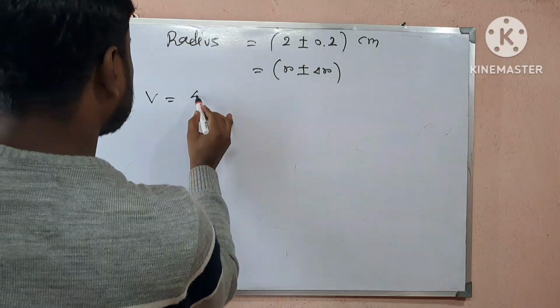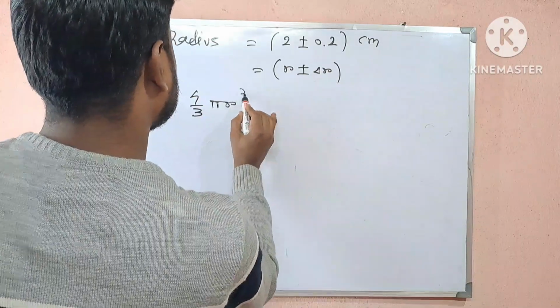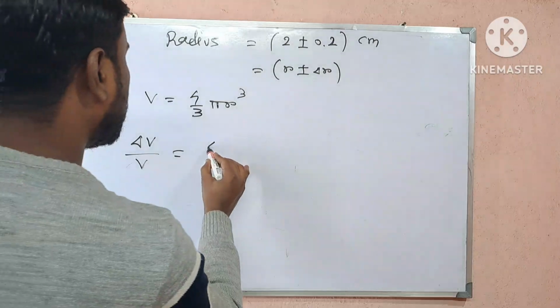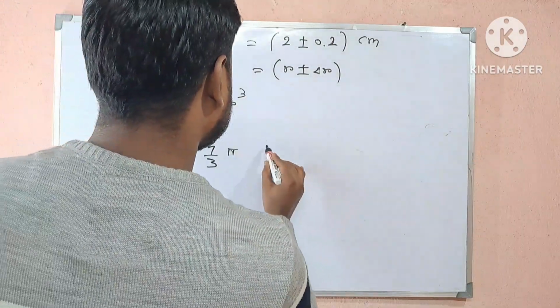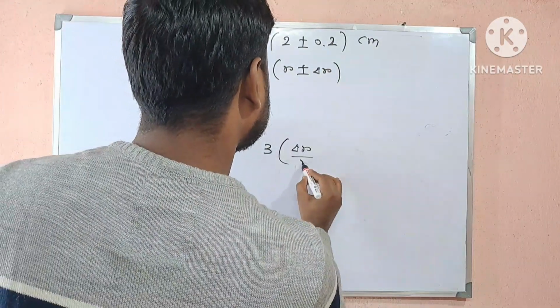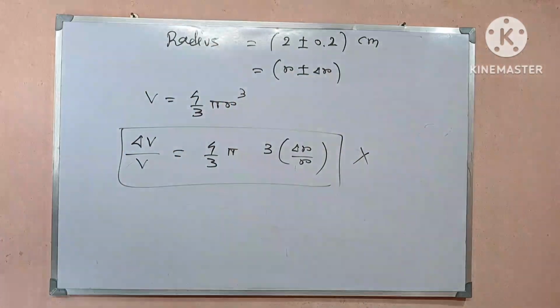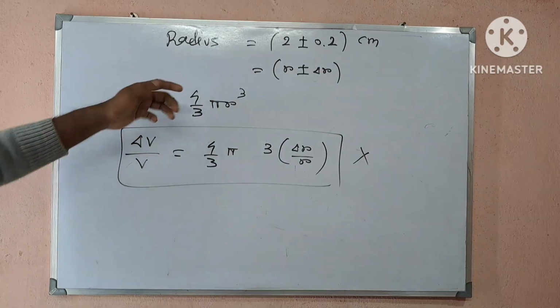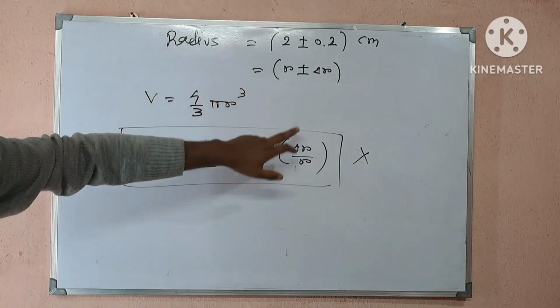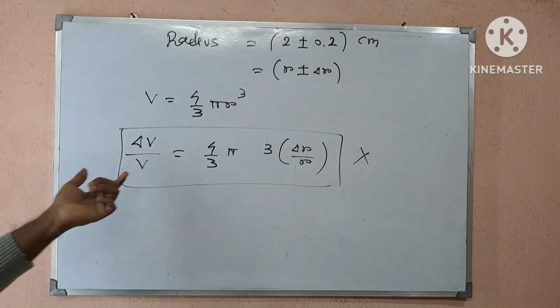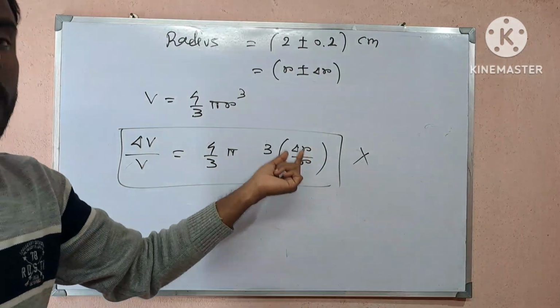We all know volume equals 4/3 pi R cube. Now according to the formula, delta V by V will be 4/3 pi into 3 into delta R by R. No, if you write the formula in this way, then that will not be correct. Why, sir? You just told that the power will come and then we have to write delta R by R, like delta V by V. No, this formula is valid for physical quantities.